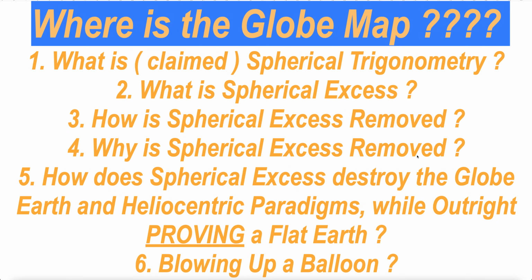And this is the thing, right? This works in with number 5: how does spherical excess destroy the globe Earth and heliocentric paradigms while outright proving a flat Earth? I've gone through this in the past in other videos, and I've said this publicly on different shows and Discord servers many times, that surveyors measure between, let's say, 3 mountains or a chain of mountains, using actual triangles, right?